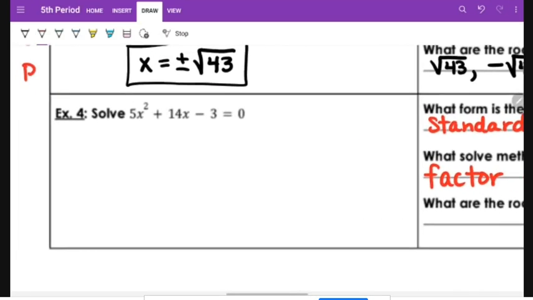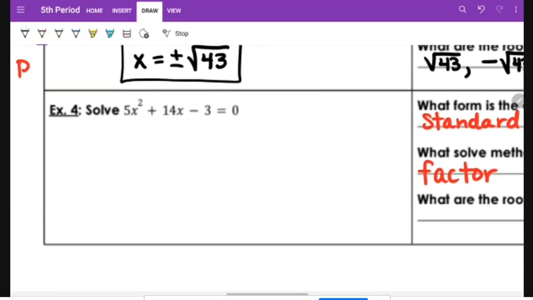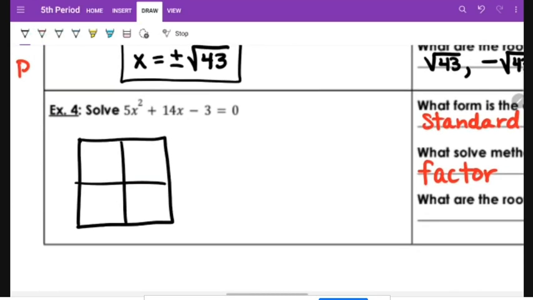So, unfortunately, we're going to have to set up a rectangle with a 5x squared and a negative 3. We've got to figure out two things that multiply together to give us 5x squared. So we're going to use 5x and x.